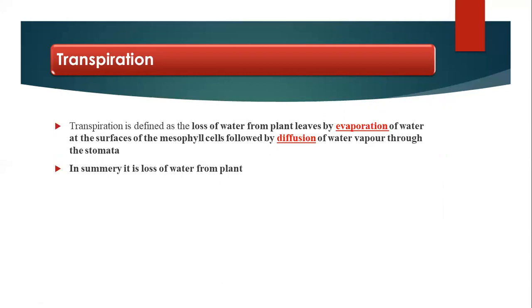So through this mesophyll cell, a part of the transpiration process will happen, which is evaporation of water, and then there is a process of diffusion of water vapor through the stomata. So transpiration includes two parts: evaporation first, which is done in the mesophyll cell layer, followed by diffusion of water through the stomata.